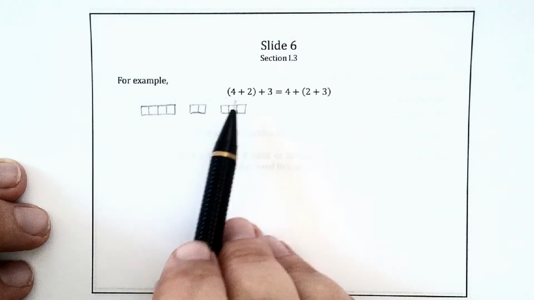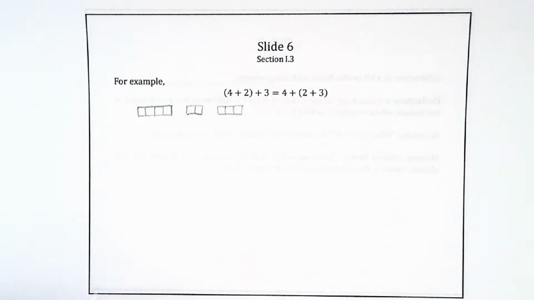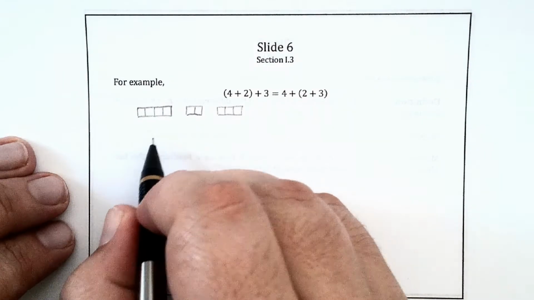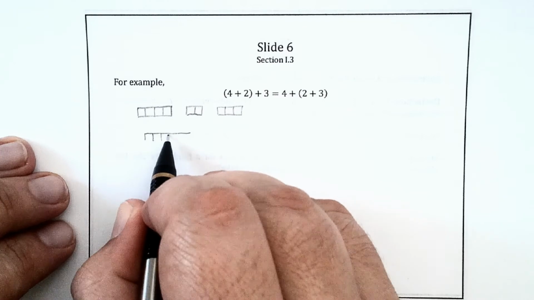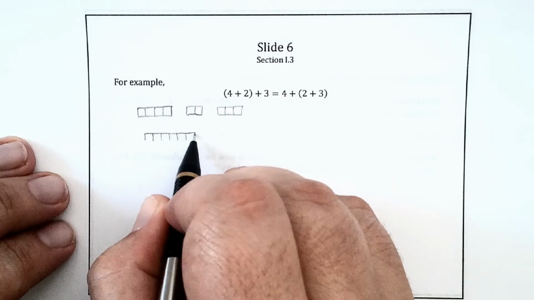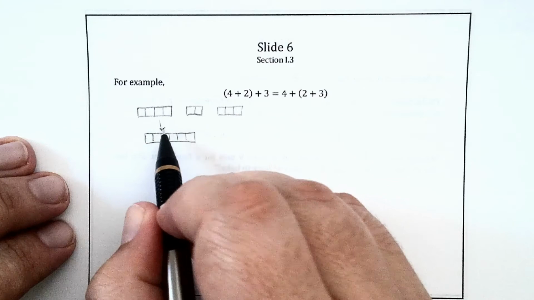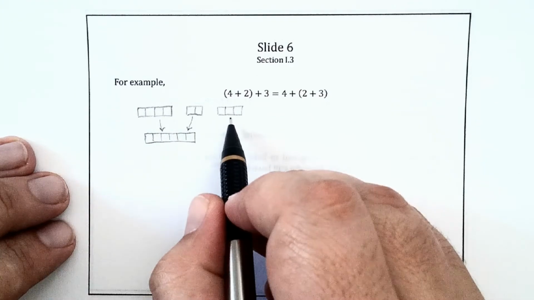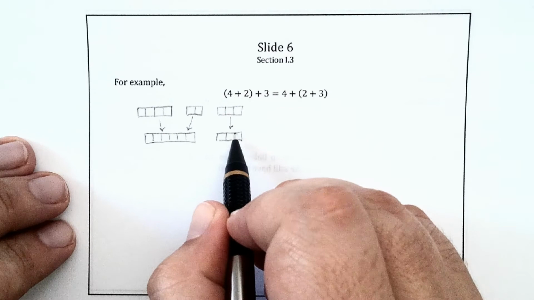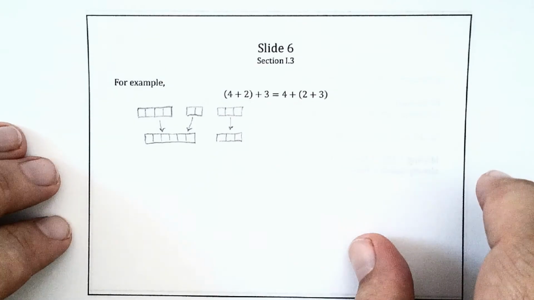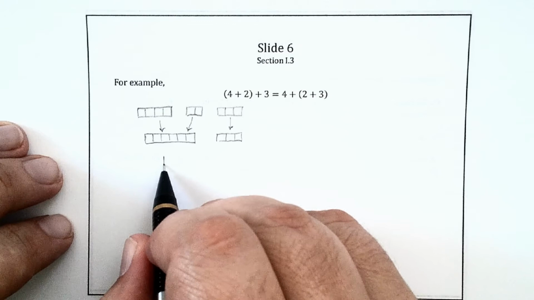And since I have 4 and 2 in the parentheses, I'm going to begin by putting the 4 and the 2 together. Okay, and for now the 3 just stays on its own. Okay, but now I put the 6 and the 3 together. That gives me 9.